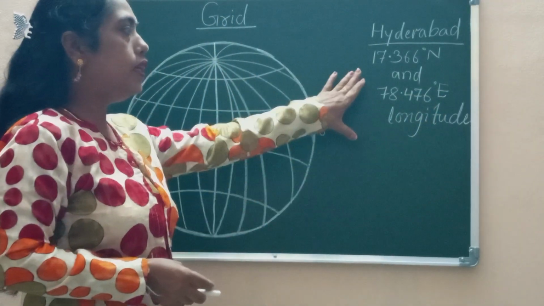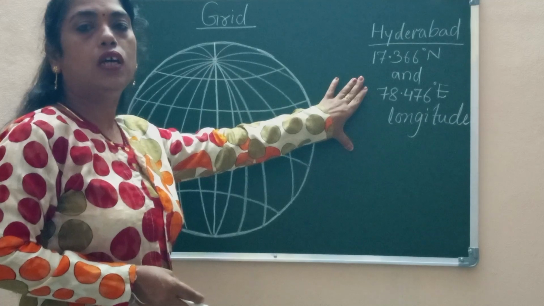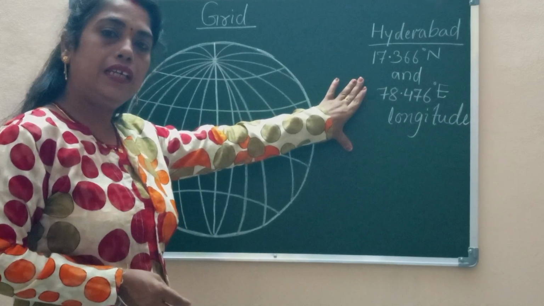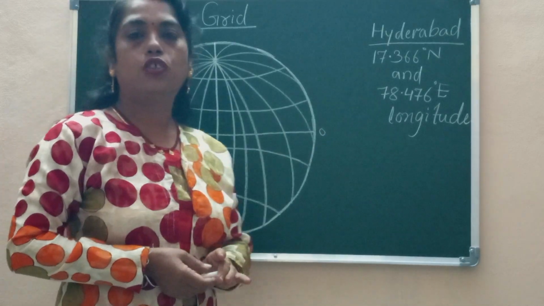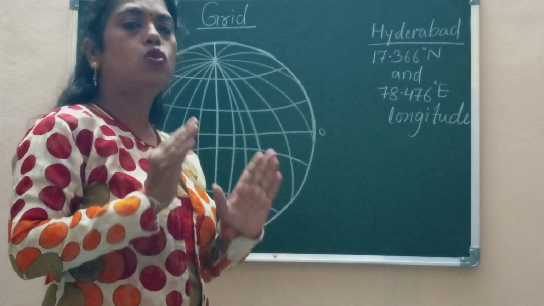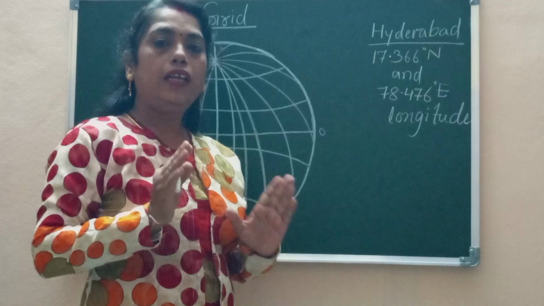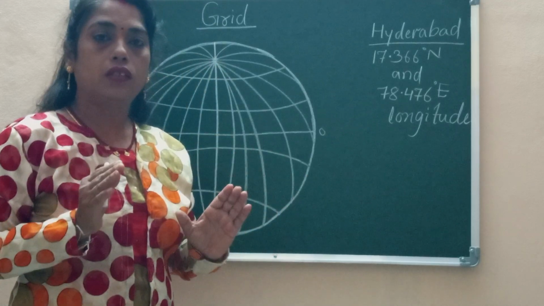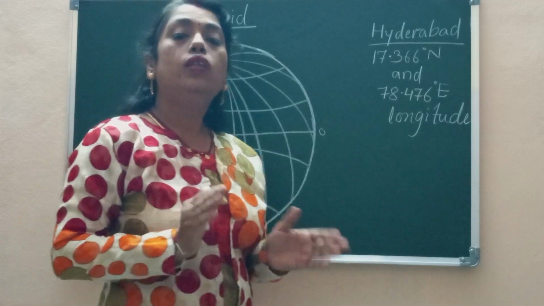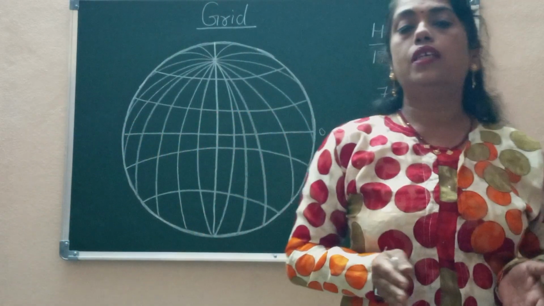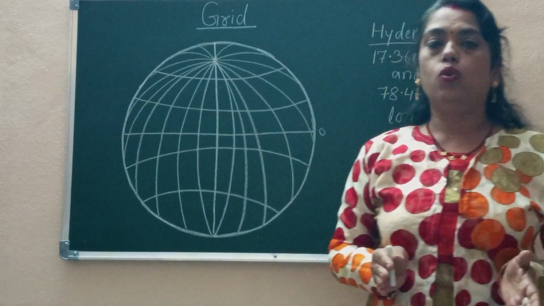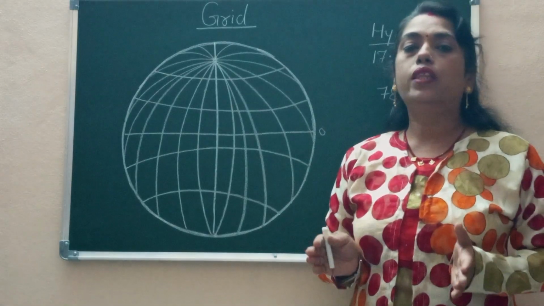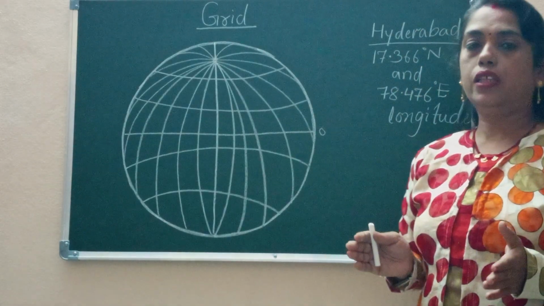So by seeing this address on the earth, any person can reach Hyderabad easily. Hyderabad is in Telangana state. So like this, it shows a particular place in a particular city. Wherever we want to go on the earth, if we know the longitude and latitude of that place, it is very easy for us to go there.